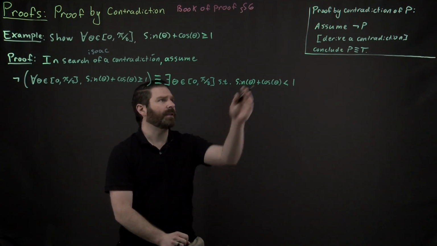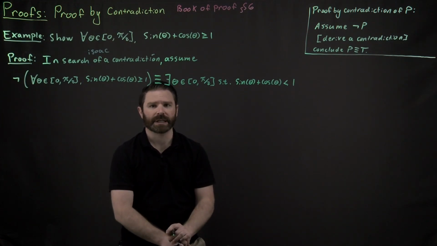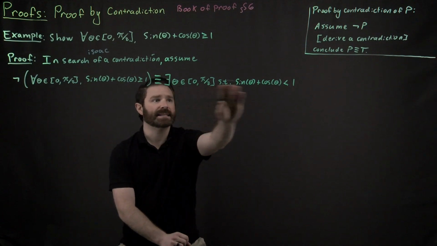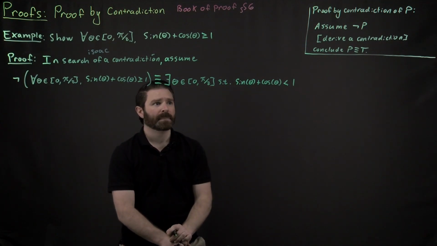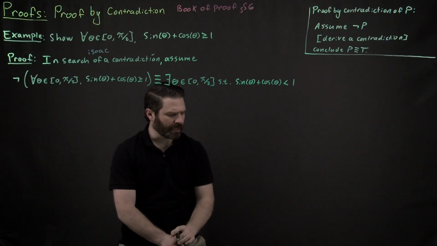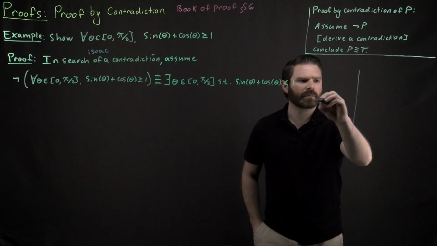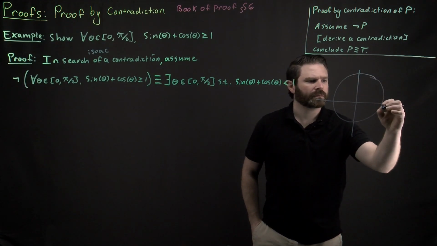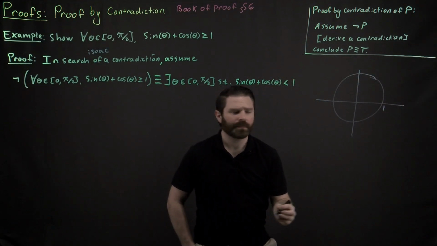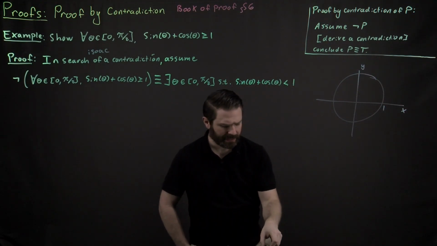And now, to follow our proof by contradiction, somehow we need to derive a contradiction from this assumption right here. So it might be helpful to go back and think about our trigonometry. You might recall we had our unit circle with our x and our y axis here.